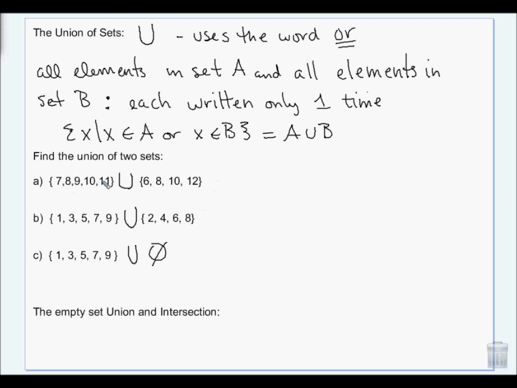Okay, so to find the union of two sets, we list all of the elements in both sets. So I start 6, 7, 8, 9, 10, 11, and 12. Right, because I have a 6 here, a 7 there. They both have an 8, 9, they both had a 10, and then 11 and 12.